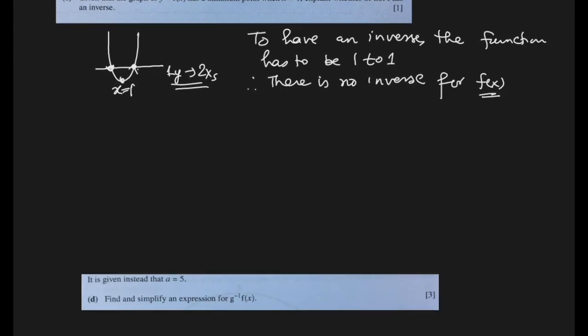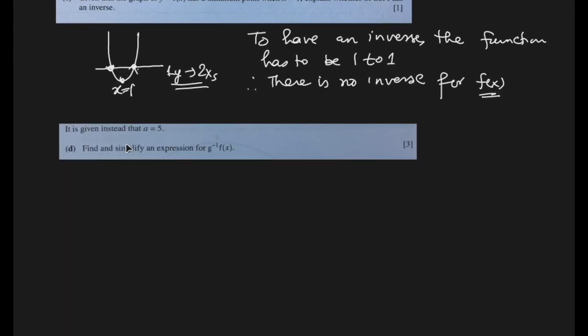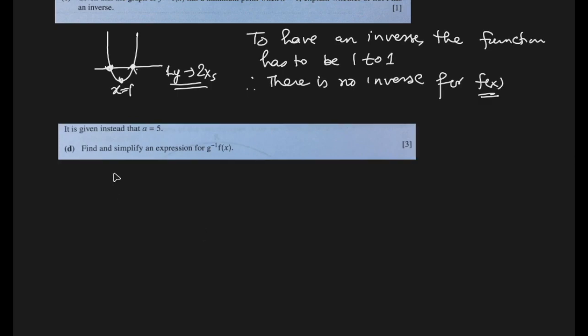It is given instead that a is 5. Find and simplify an expression for g inverse f(x). Totally different one. First we will find g inverse x and then we will substitute. So what was g(x)? g(x) was ax plus 1, right? And a is 5 now. So g(x) is 5x plus 1.